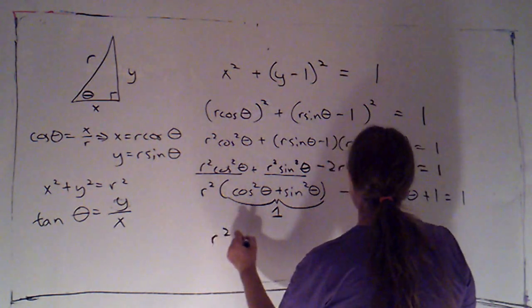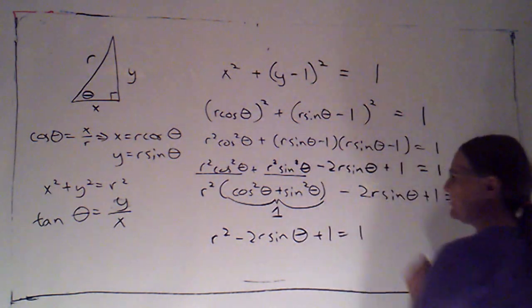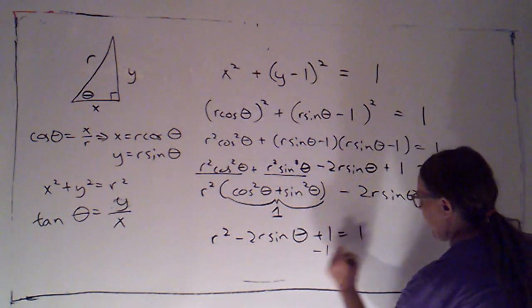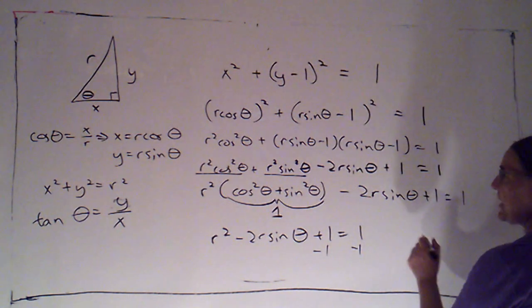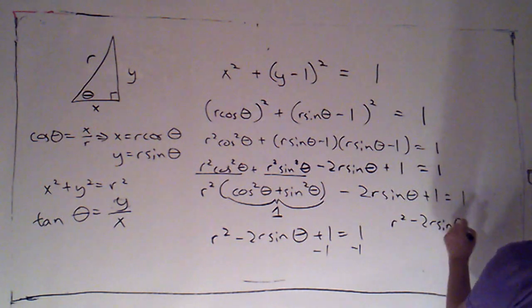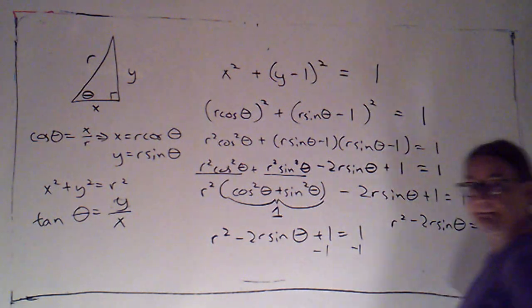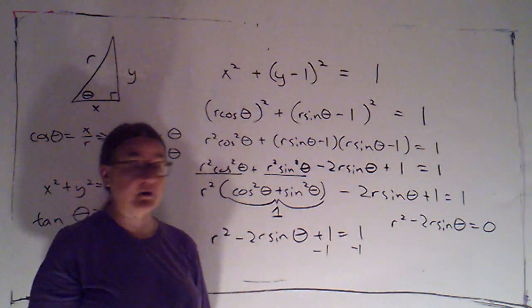Now this is r squared minus 2r sine theta plus 1 equals 1. Let's go ahead and subtract that 1 over. So then I've got r squared minus 2r sine theta equals 0. Now I can factor a little bit more. I can factor an r out of here.